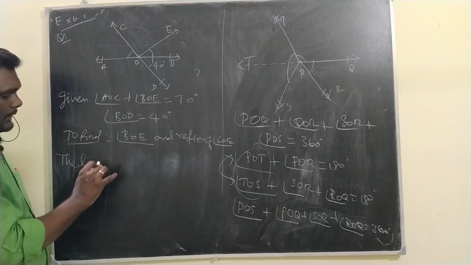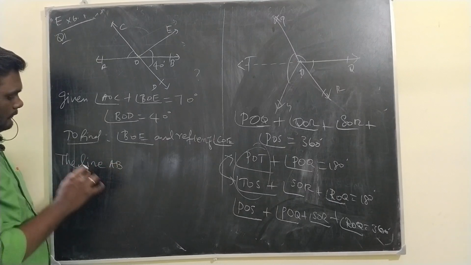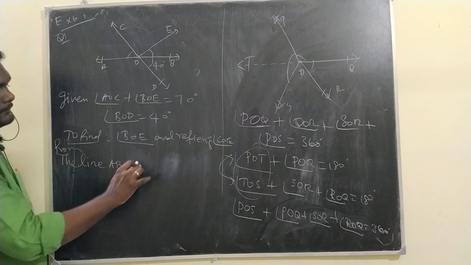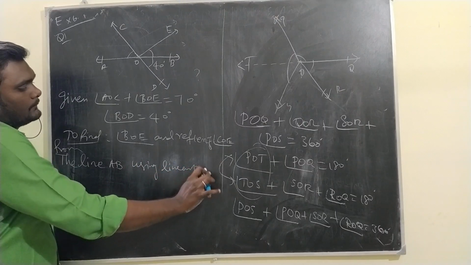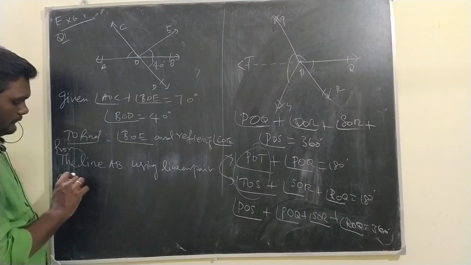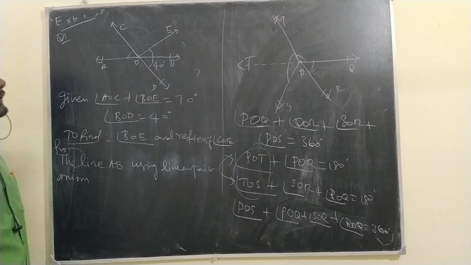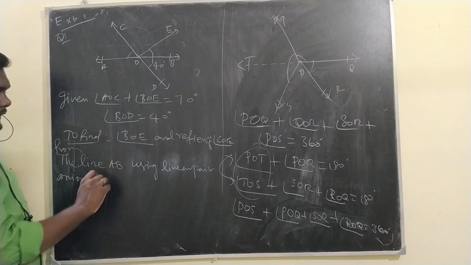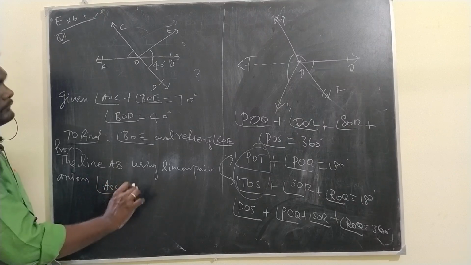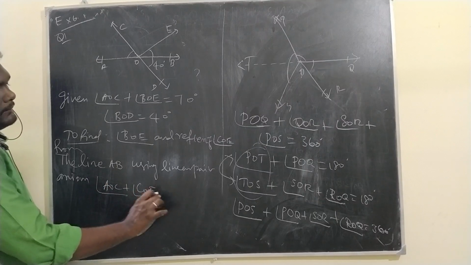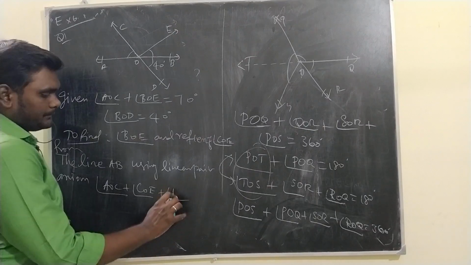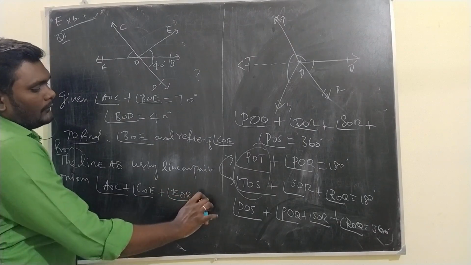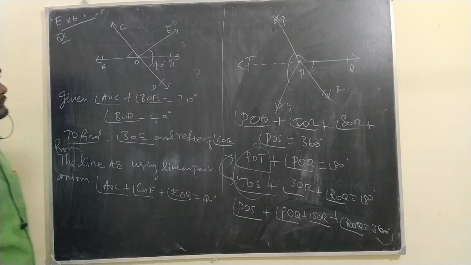From the line AB using linear pair axiom, you can say angle AOC plus angle COE plus angle EOB equals 180 degree.